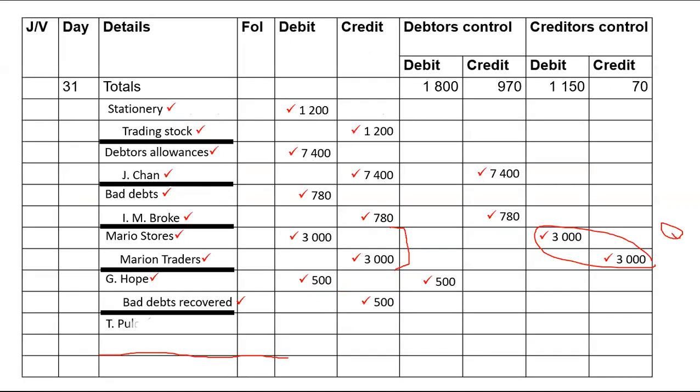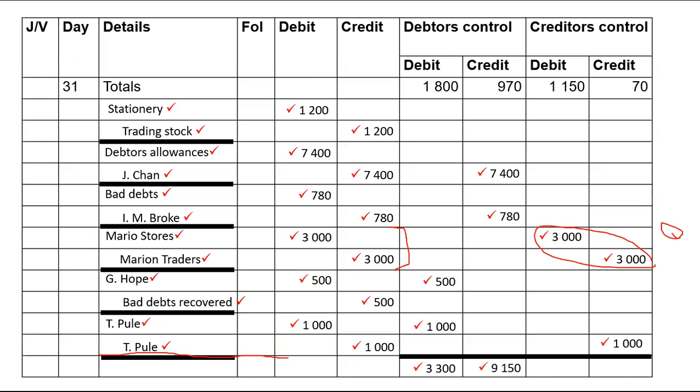So when we debit T Pule a debtor, that negative amount of 1,000 rand will just cancel out. And now we are recognizing T Pule as a creditor. And this creditor will basically be what we owe T Pule, and that will be 1,000 rand. Then you just add everything up. And that's it. Got it?